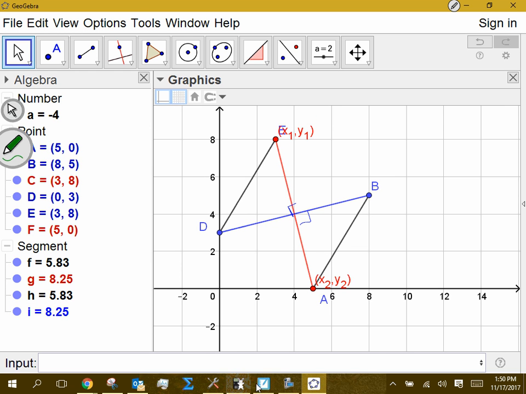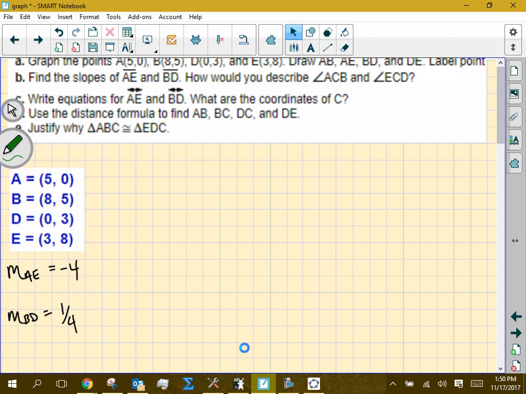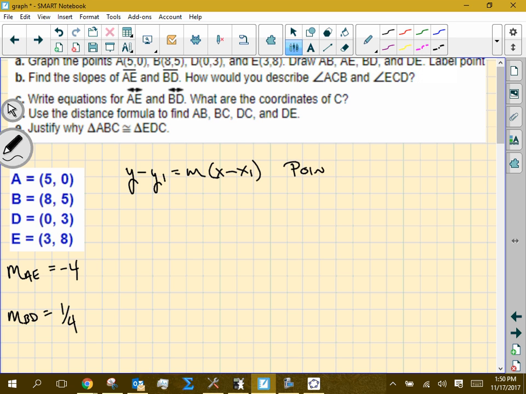So, to find equations, we talked about in that video that this is going to be kind of your best friend for a lot of the next couple classes that you take. We call that the point slope formula. Because you need a point, x1, y1, and you need a slope, m.